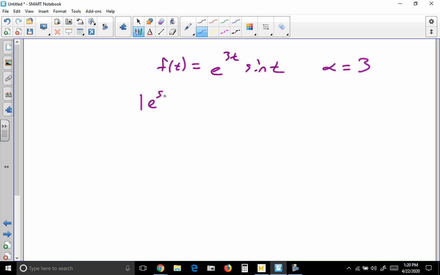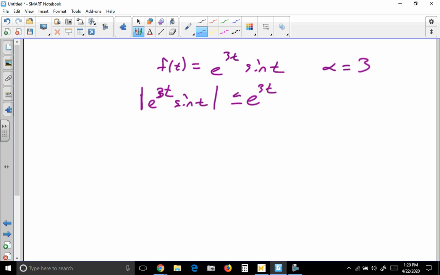Our function, e to the 3t sine t, is less than or equal to e to the 3t for all values of t. Why? Sine is at most 1, so when sine is 1, these two sides are equal. The smallest value for sine is -1; take the absolute value of that and we would have e to the 3t. Any other value, sine is going to be a decimal between 0 and 1, so this would be smaller than e to the 3t.